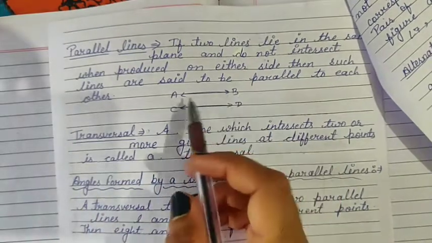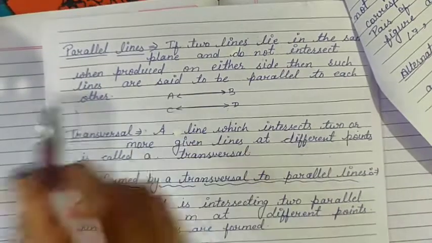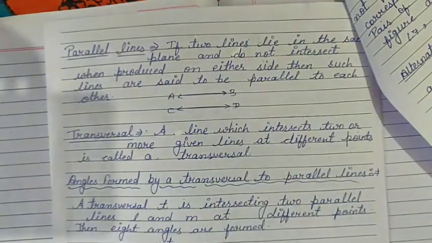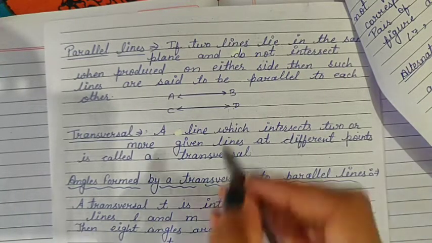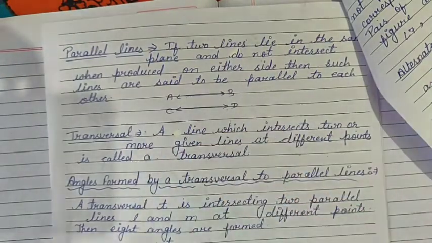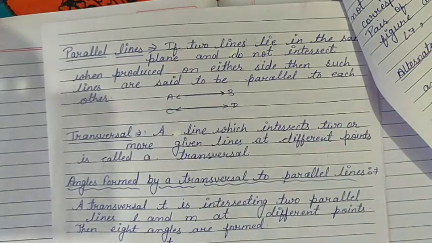When we produce AB and CD on either side, these two lines do not intersect. Then these two lines are called parallel lines. Okay, because the distance between these two lines must be equal wherever they are produced.